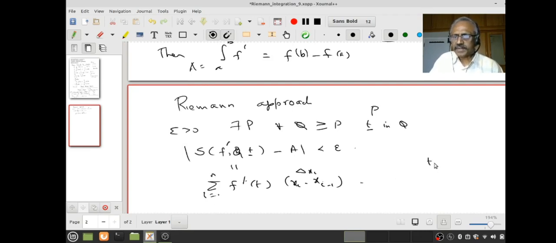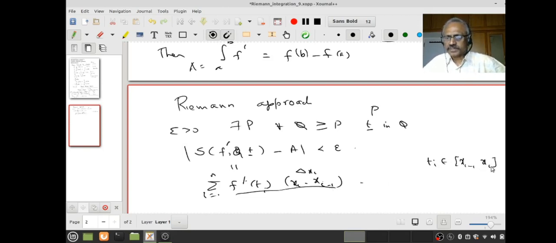I am deliberately avoiding delta x_i. What are the t_i? The t_i's are elements in [x_{i-1}, x_i]. Look at this expression. Does this remind you of something? x_{i-1} and x_i are the endpoints of this interval, t_i is a point in between. Then you are writing f dash of t times (x_i minus x_{i-1}). What does it remind you of?